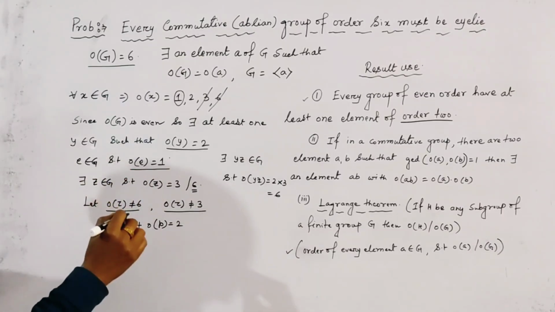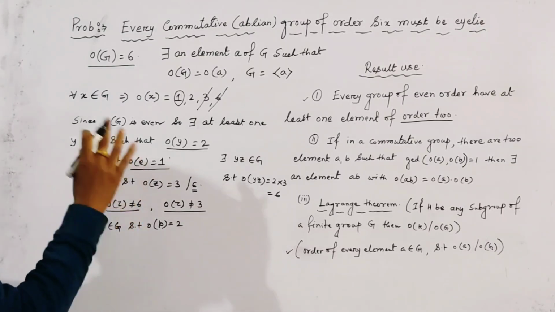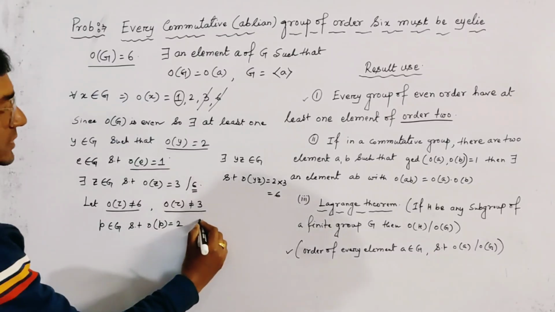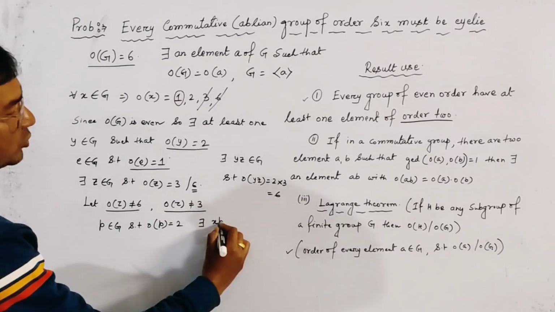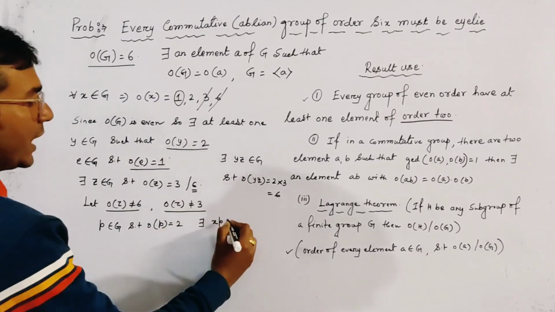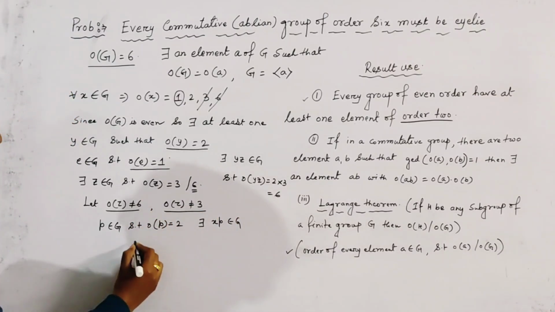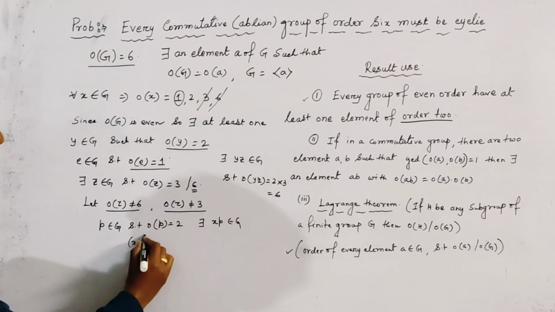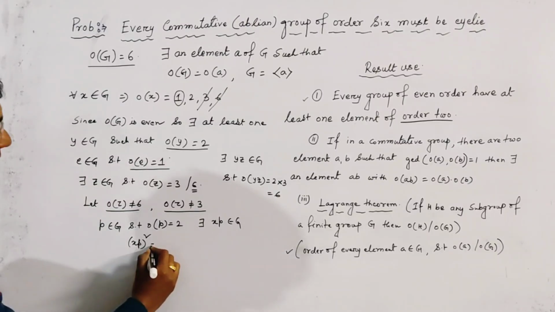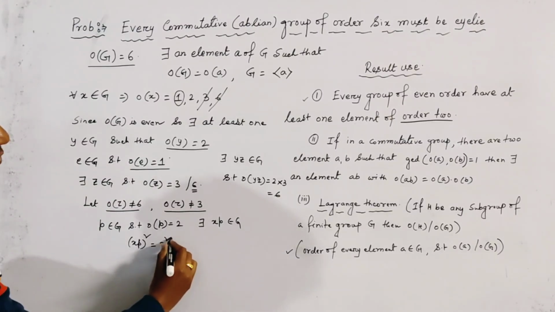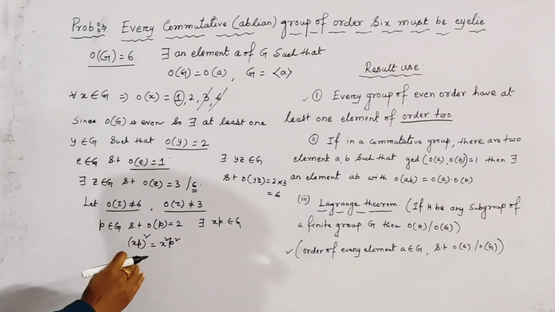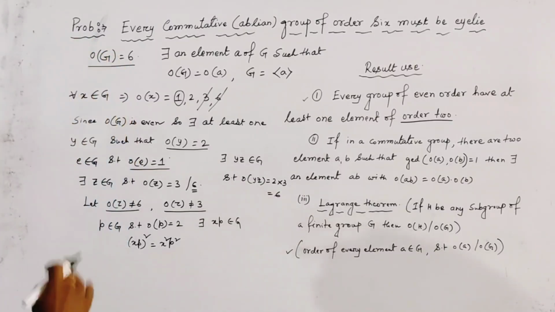Now by the closure property of a group, YP belongs to G. And (YP) whole square is equal to Y square P square, because this is a commutative group.